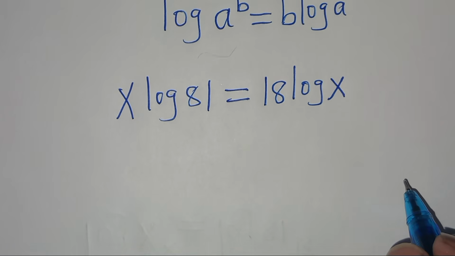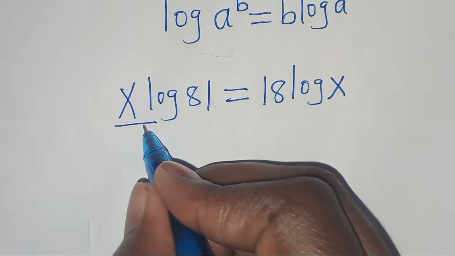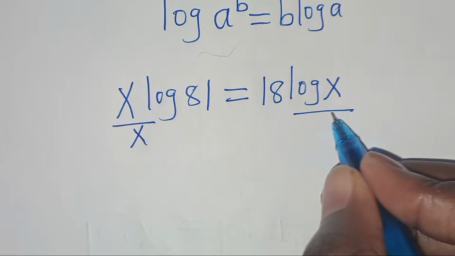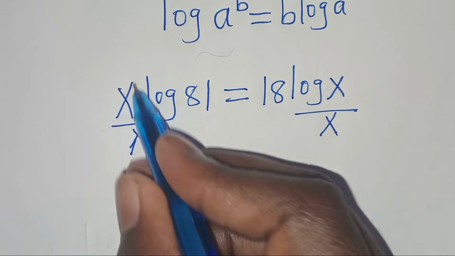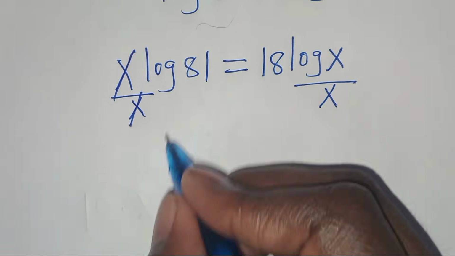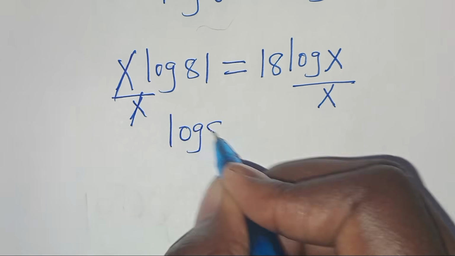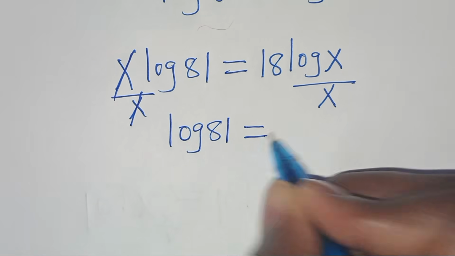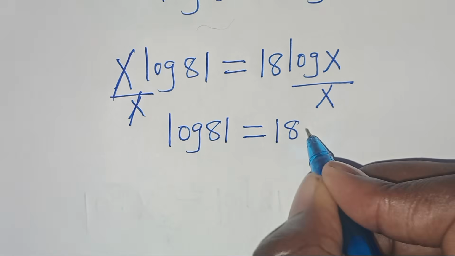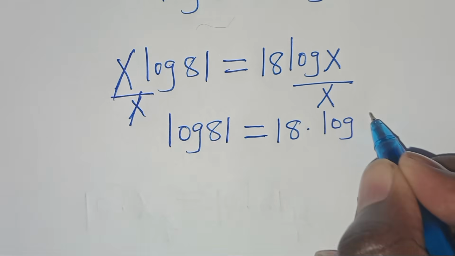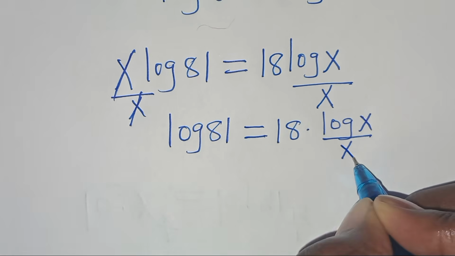Now, the next step is to divide on both sides by x, so that x and x here simplify, and we have log 81. This is equal to 18 multiplied by log x over x.